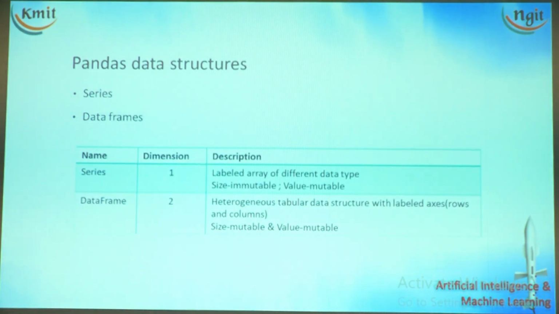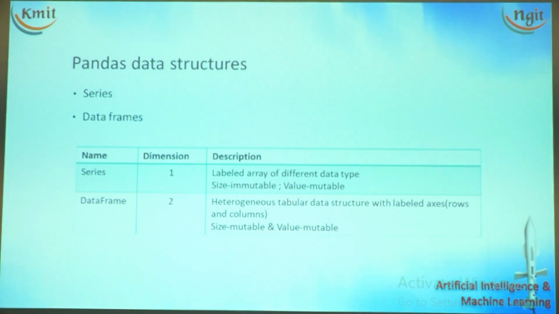The difference between a Numpy array and a series. A Numpy array was homogeneous. A series can hold heterogeneous data types inside it. But it is size-immutable. The values are mutable. You can change the values of the series, but you can't append anything extra to it. You cannot increase the size of your series.